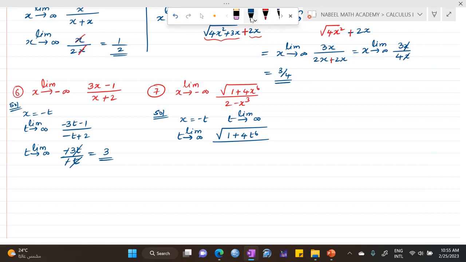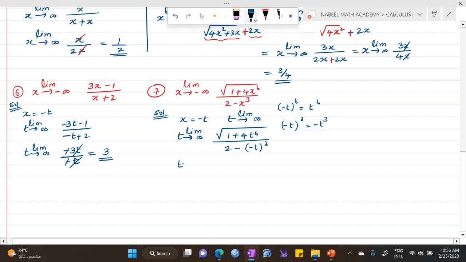Why? Because (−t)⁶ is equal to t⁶. Now in the denominator, 2 minus x becomes 2 plus t, and minus t whole power 3 is nothing but minus t cubed.